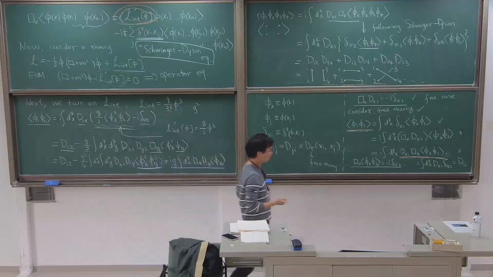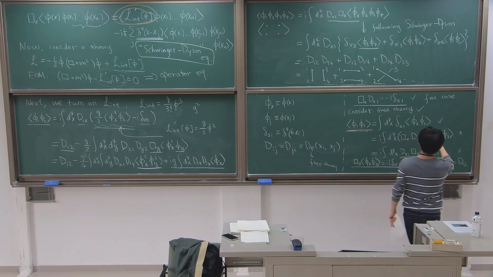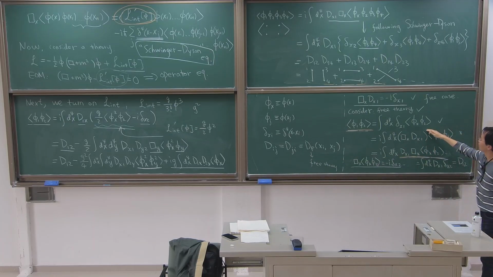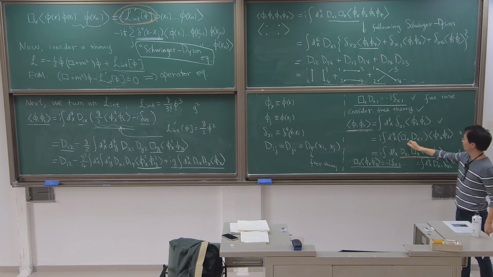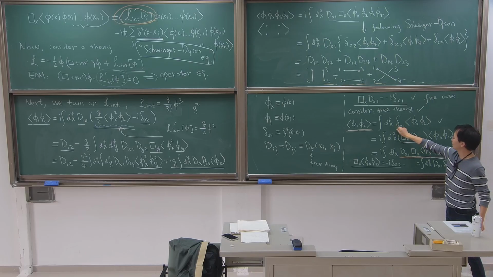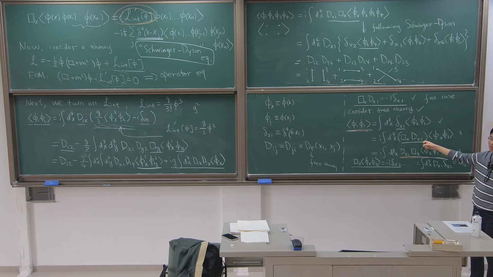If you repeat the steps here for the interacting case, in particular this step, this is still okay for the interacting case if you insist this bracket is the interacting bracket. So it's correct or not correct, it depends on how you define this bracket.